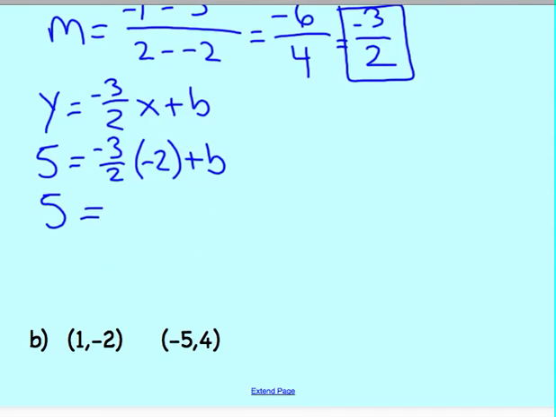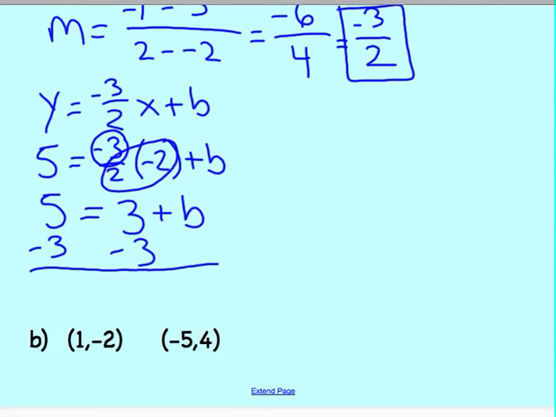So the first thing I need to do is, what I like to do is divide first. -2 over 2 is equal to -1. I'm going to take that -1 and multiply by -3, and it's going to give me a +3. Subtract 3 from both sides, and I'm going to get 2 equals b. So now I know b, and I know the slope.